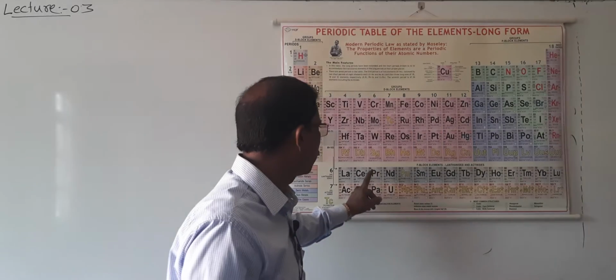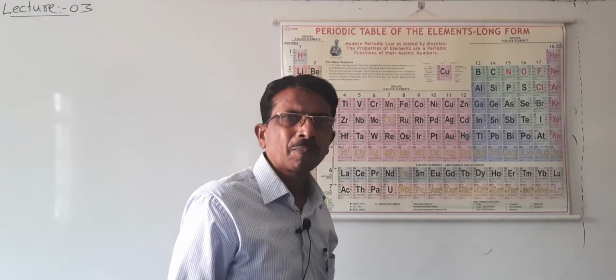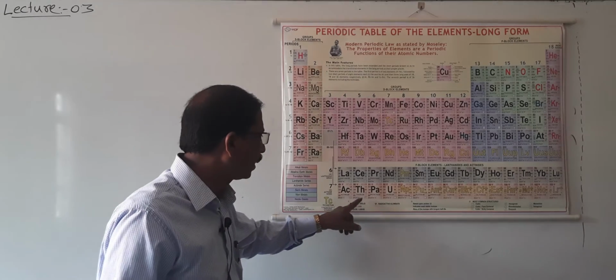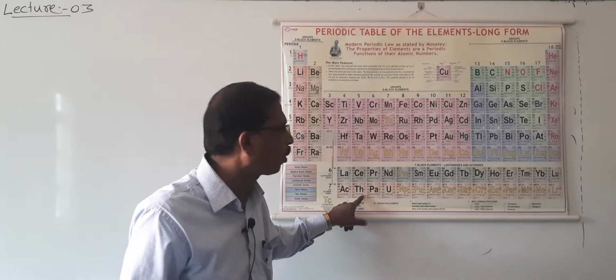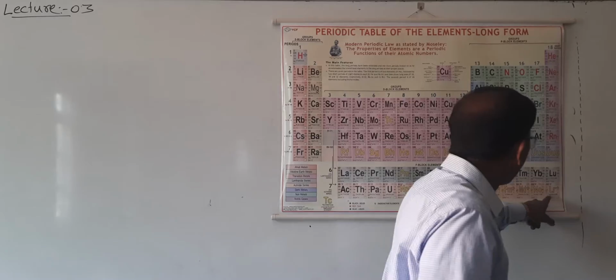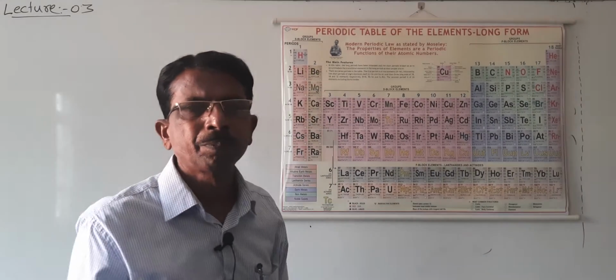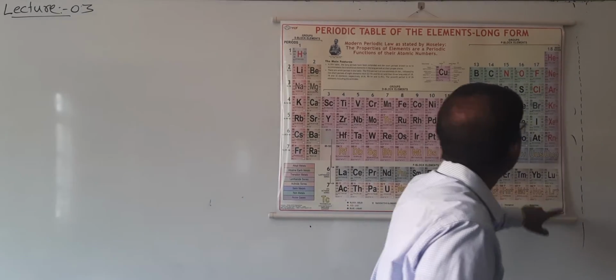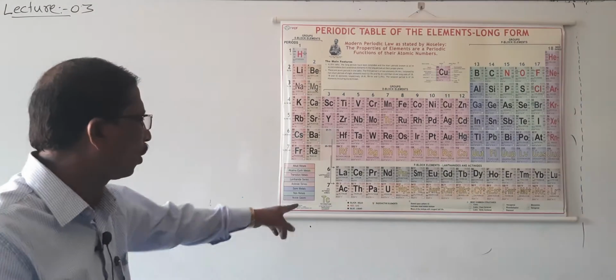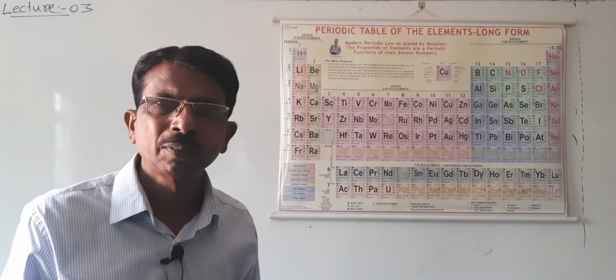So here it begins with 58 to 71. And then another series begins with 90 to 103. Here it begins with thorium and ends with lawrencium. These are called the actinide series.